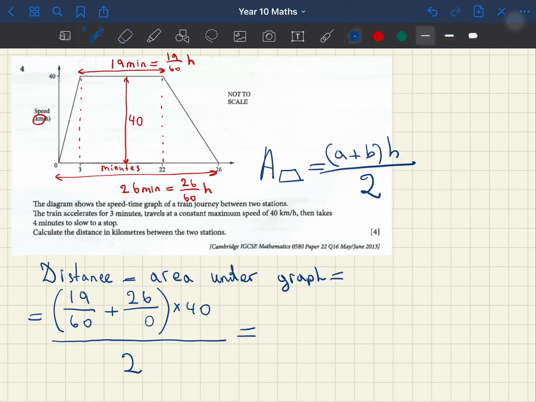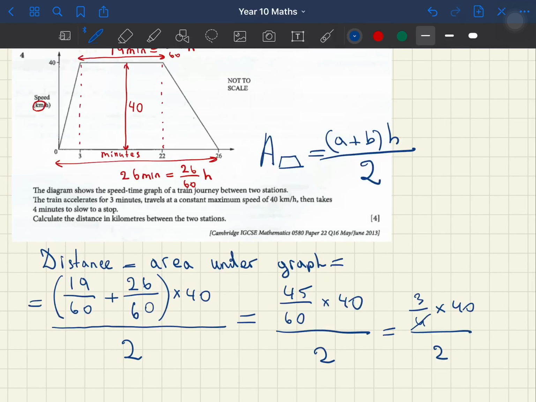Sorry, that's a mistake, it should be 60, so it's going to be 45/60 times 40 divided by 2, and 45/60 is like 3/4, times 40 divided by 2.